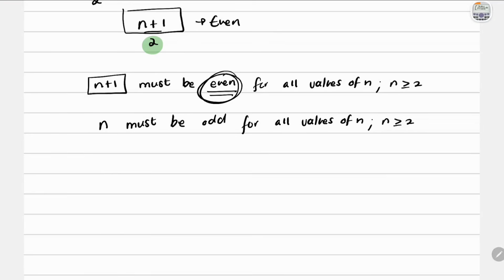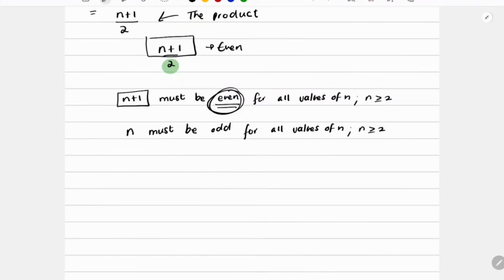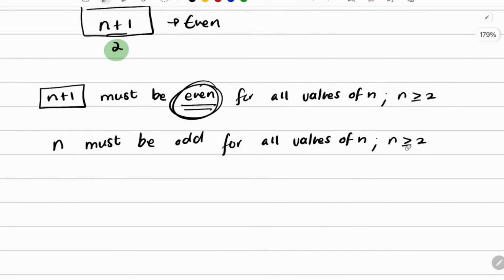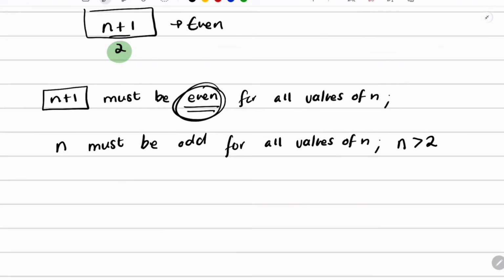N just has to be odd for all the values of n, of course, where n is greater or equal to 2. And I just noticed that with the n, it doesn't make sense to say n is greater than or equal to 2, because you see, if we are saying that n must be odd, then n can't be 2, because 2 is an even number. N has to be odd, so where n is greater than 2.